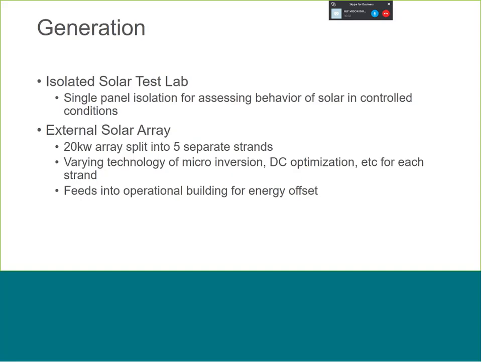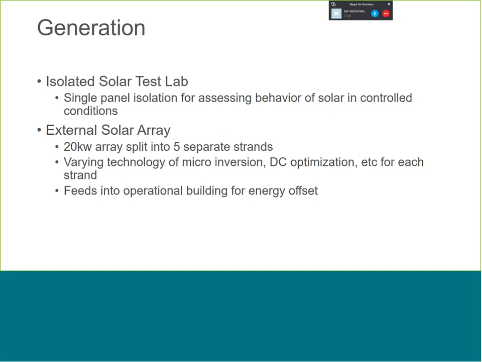So on generation, we have an isolated solar test lab, which is a real physical facility that allows us to do some generation-related work and look at that in a hardware-in-the-loop capacity. That is, let's say, exists but has never been fully flushed out or leveraged in research in a directed way. And then we have an external solar array that's, again, another physical asset.